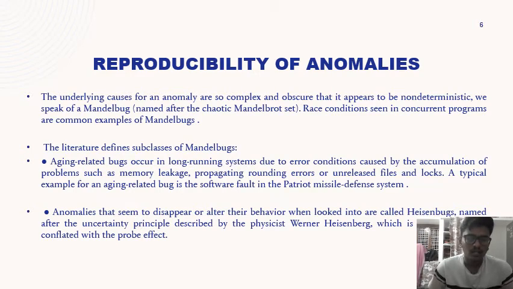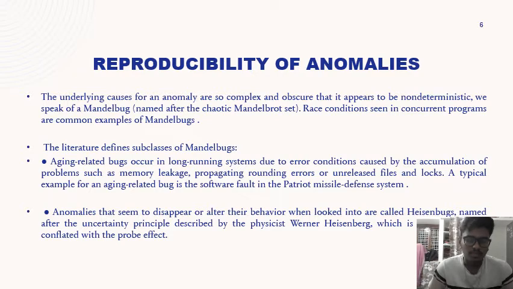Aging-related bugs occur in long-running systems due to error conditions caused by the accumulation of problems, such as memory leakage, propagating rounding errors, or unreleased files and locks. A typical example for an aging-related bug is the software fault in the Patriot missile defense system.